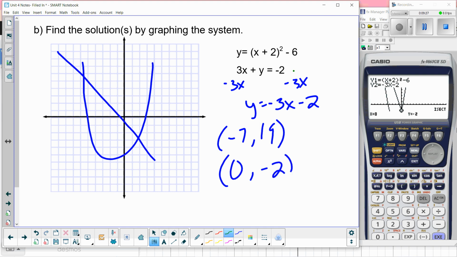So once again, to go back and forth between your intersection points, press the side button. If I want to see the point on the left, press the left side, and the point on the right, the right side.